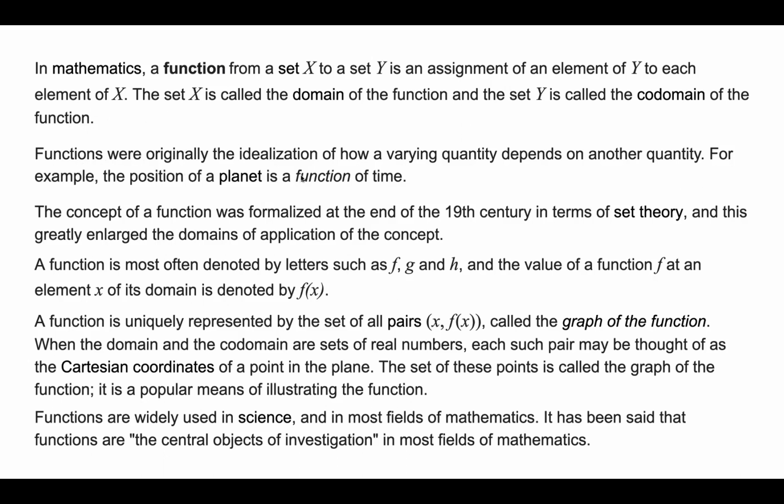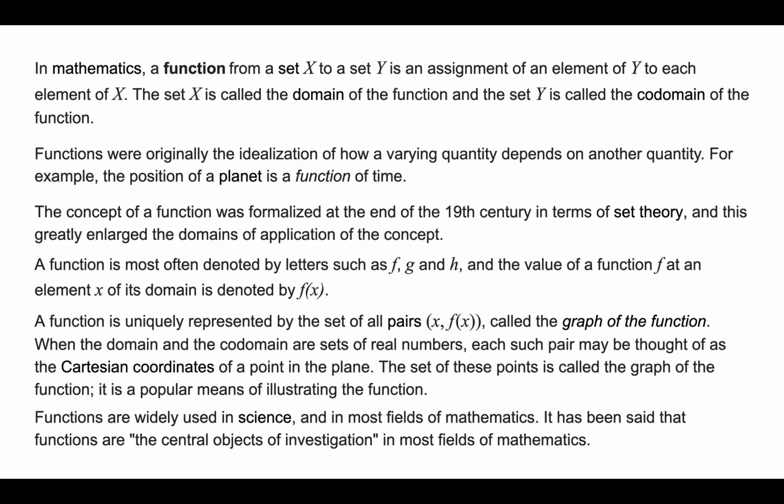Functions were originally the idealization of how a varying quantity depends on another quantity. For example, the position of a planet is a function of time. One quantity is depending on another, so that will be known as the function.